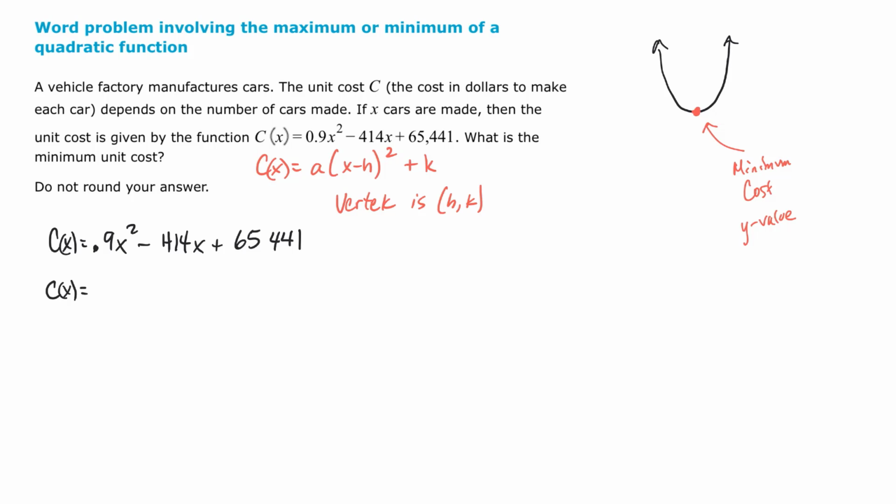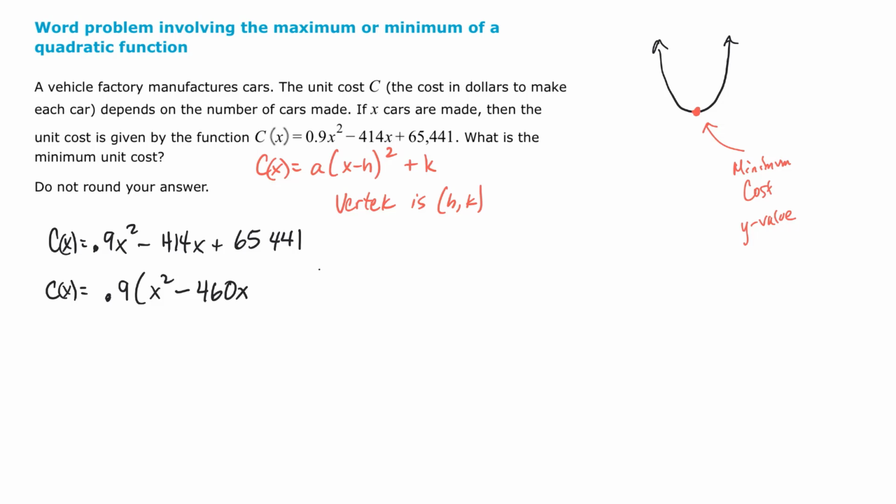C of x, let's factor out a 9/10. And what do we have left? We have x squared. Now, what is that? 9/10 times what gets me negative 414? Let's find out. It's going to be negative 460 times x.